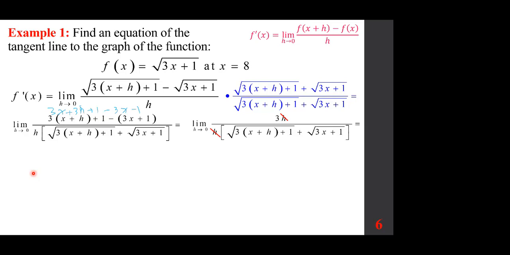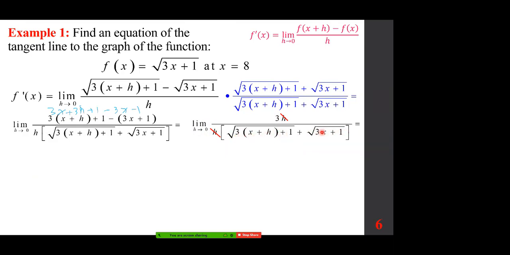And now you can replace the h with 0. So let's see what happens when we do that. We keep the limit up to here. Now we drop the limit. The numerator is 3 and h changes to 0. So if I change the h to 0, this becomes 3x plus 1, which is identical to this one.